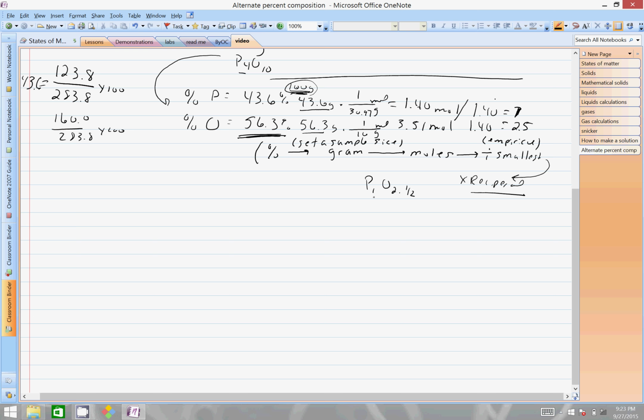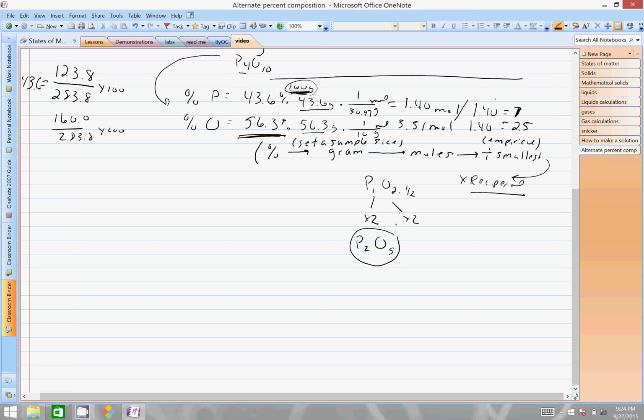Times 2 gives me P2O. In this case, 2.5 times 2 would be P2O5. And there we go, this is my empirical formula. P2O5. Now, just empirical, not necessarily my molecular.